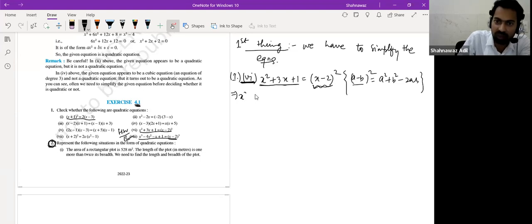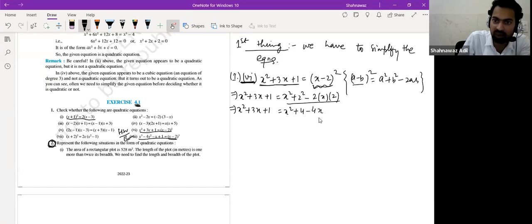So x square plus 3x plus 1, and in the right hand side we have x square plus 2 square minus 2x into 2. Right. Is that correct? Hamad, is this correct? Yes, sir. So this is x square plus 3x plus 1, and then x square plus 4 minus 4x, right?